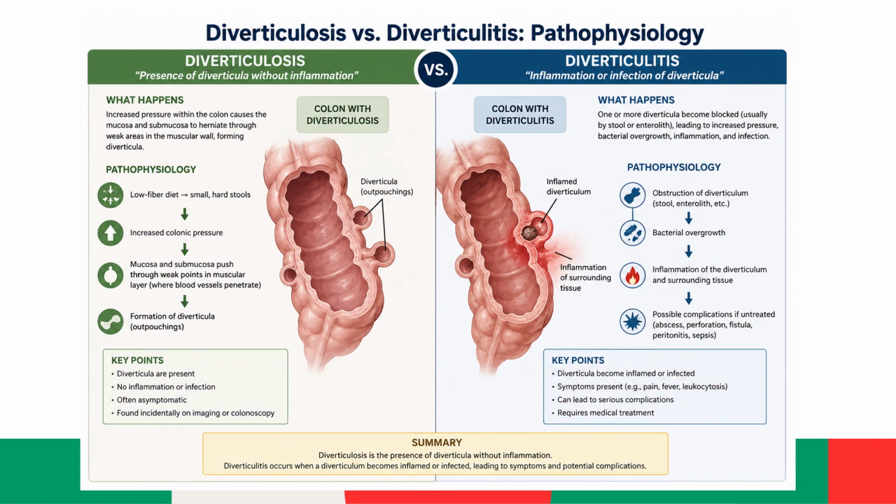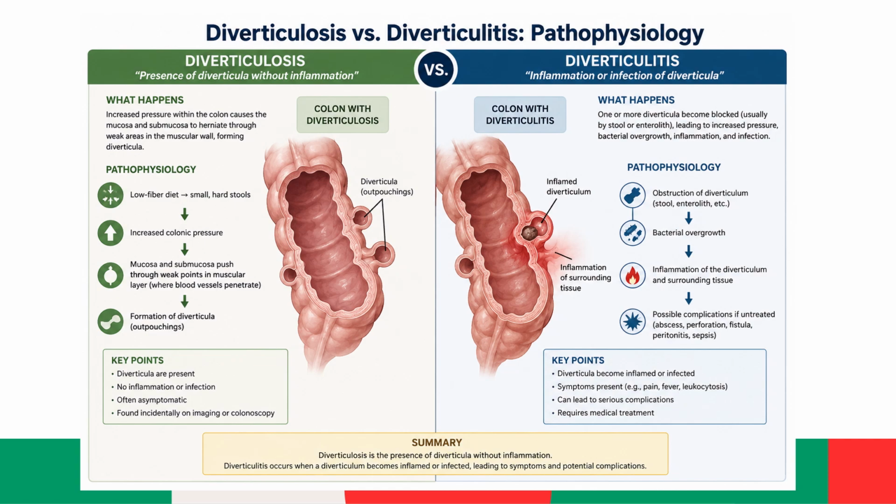So now the clinical picture has changed. Instead of an asymptomatic patient with diverticulosis, the patient with acute diverticulitis is much more likely to present with abdominal pain, classically in the left lower quadrant, along with tenderness, fever, and possibly leukocytosis. They may also experience nausea and changes in bowel habits.